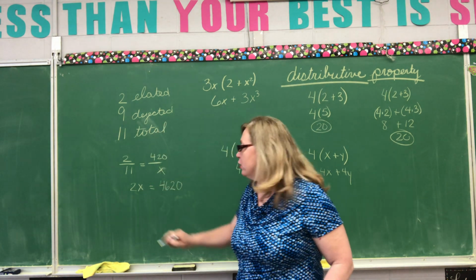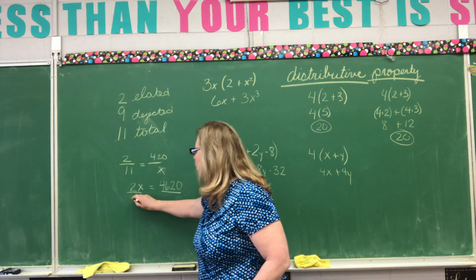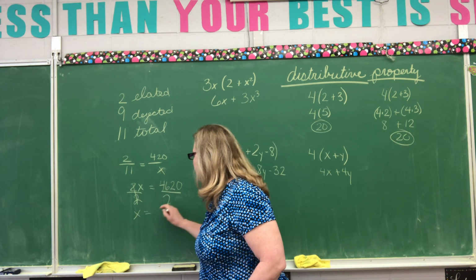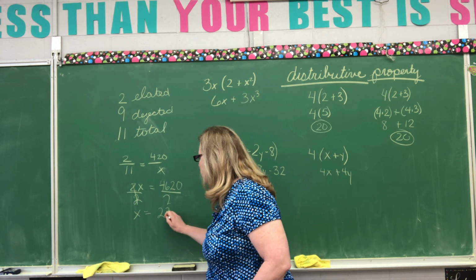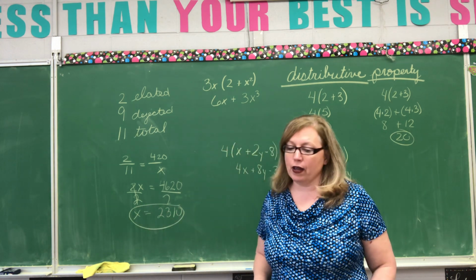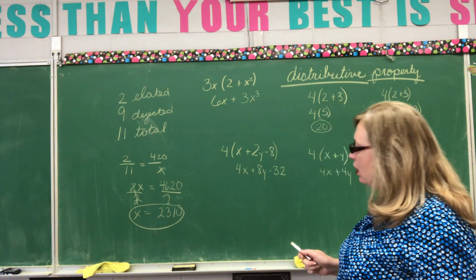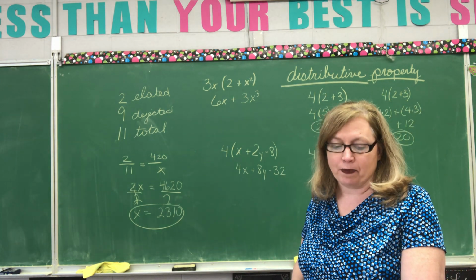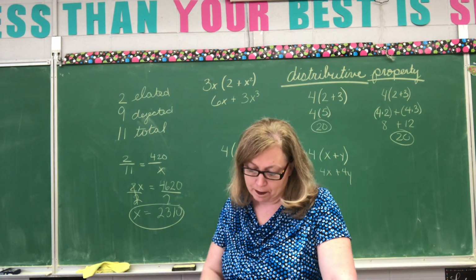Now all I'm going to need to do is divide by 2. This cancels, leaving us x. 2 goes in here 2 times, 3, 1, and 0. So it's a total of 2,310 altogether.